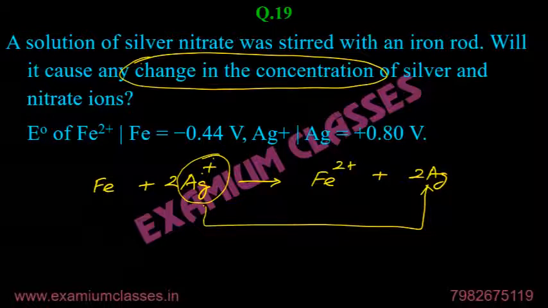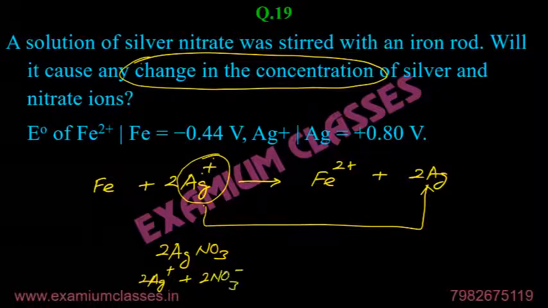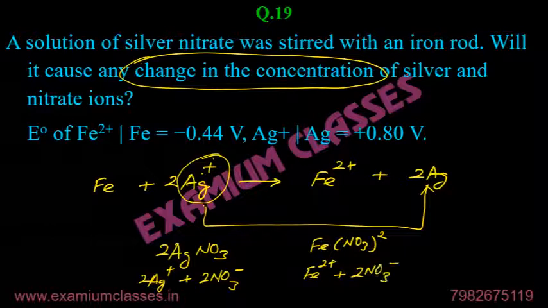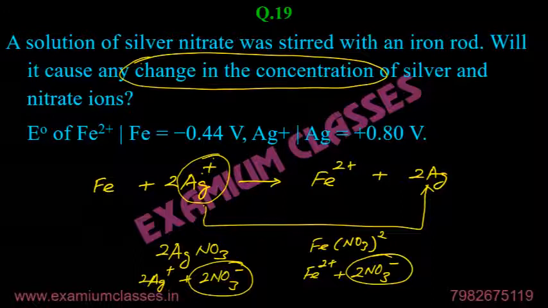Now nitrate ion. It was AgNO3, which means it was 2Ag plus and 2NO3 minus. And after that, it will produce Fe(NO3) whole twice, meaning Fe2 plus and 2NO3 minus. So although you will find whether the concentration of silver will change or not depending on whether the reaction is feasible or not, the concentration of nitrate here is not changing.